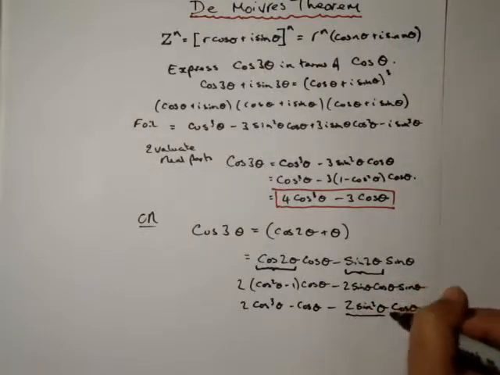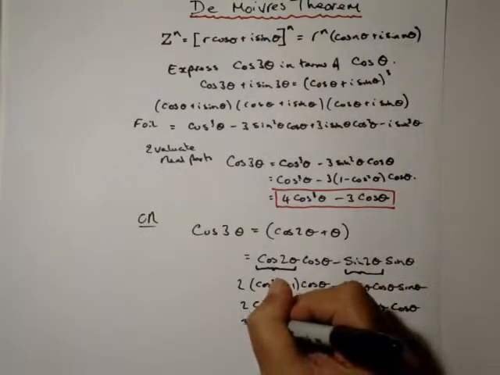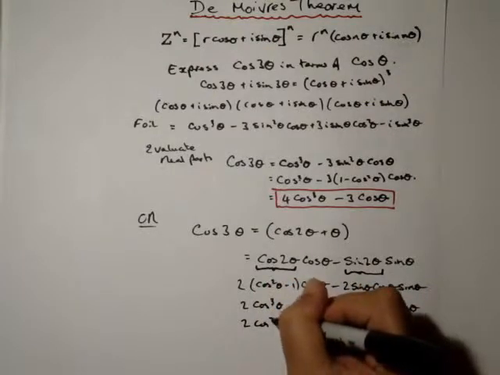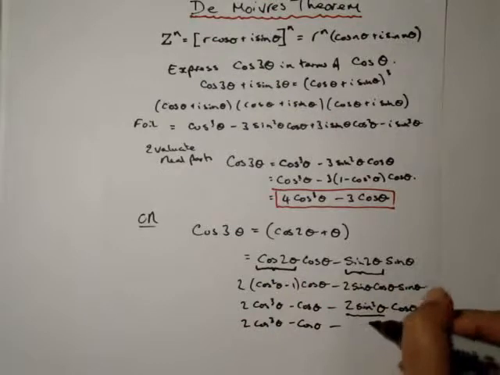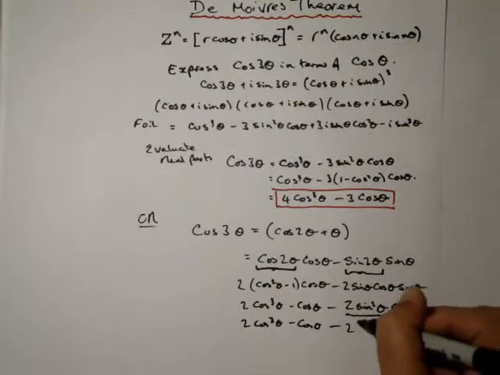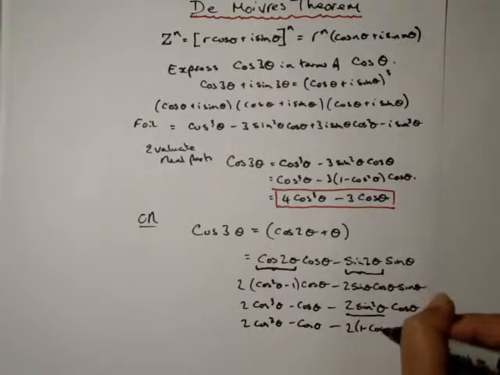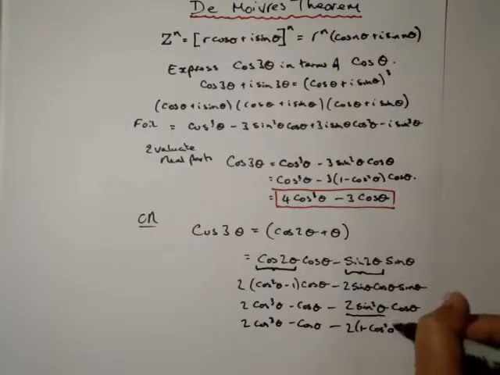So using our trig identity on here, we get 2 times 1 minus cos squared theta, and that's multiplied by cos theta.